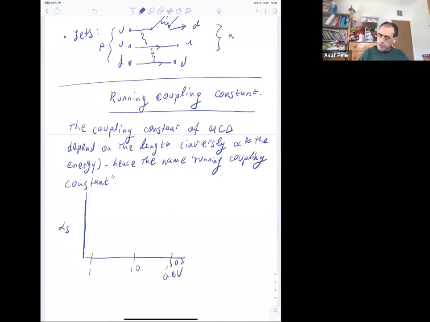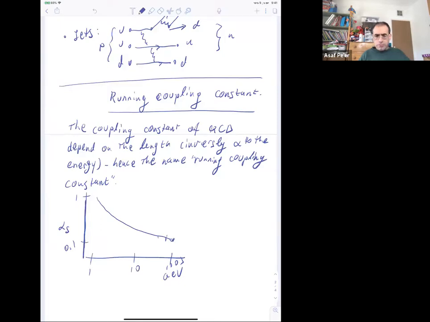And the coupling constant, we said it's about unity, but it goes something like that. Let's say this is 0.1 or so at around 100 GeV, roughly. And there are experimental data from various experiments, the tau decay, the electron positron annihilation, etc.